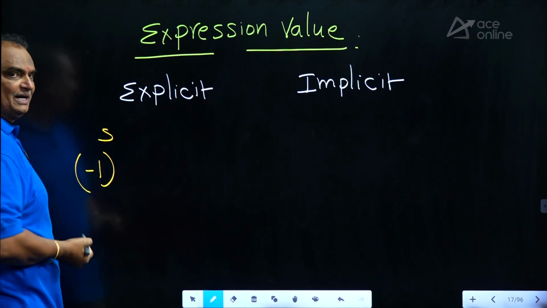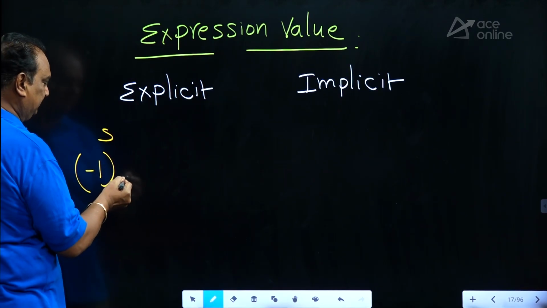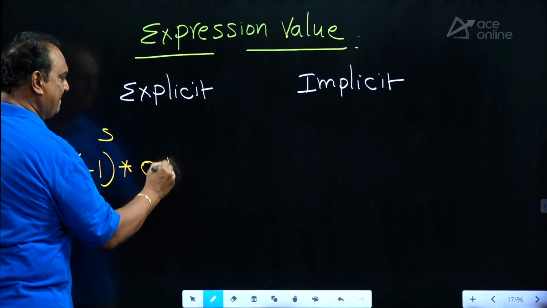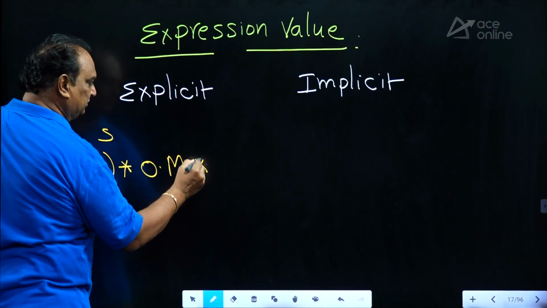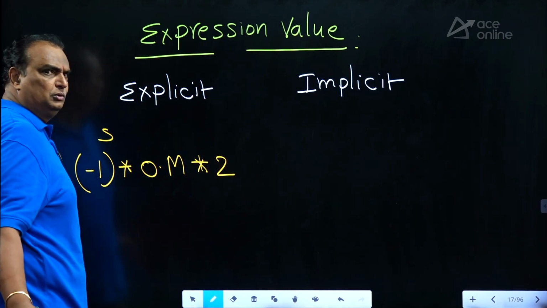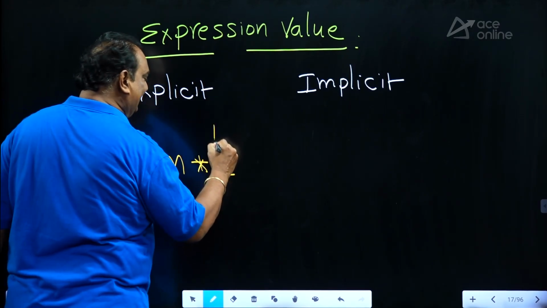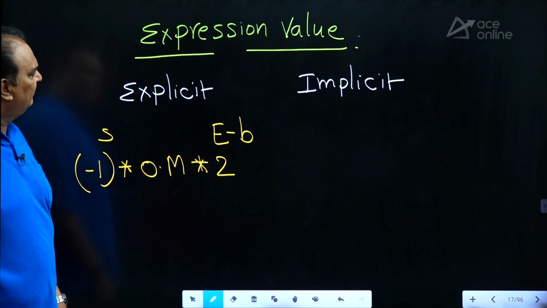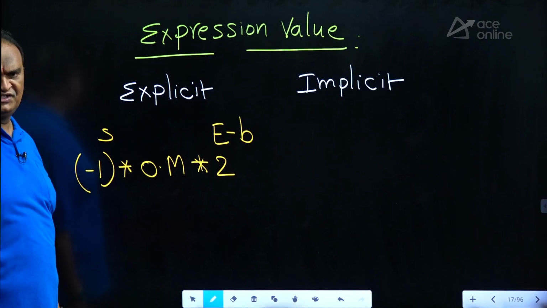If it is 0, it becomes positive, 1 becomes negative, times 0.m, times generally base 2 here, system base 2, to the power capital E minus the biasing value. What does B tell? The amount to be biased.